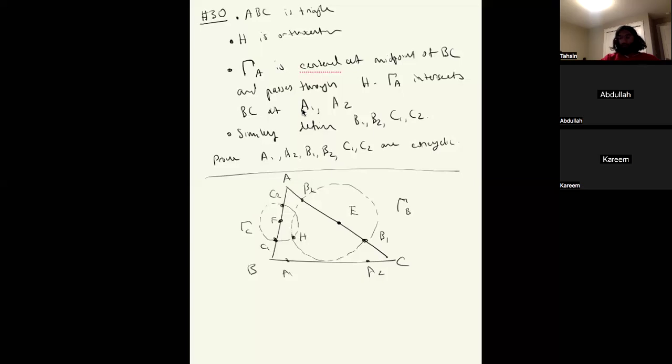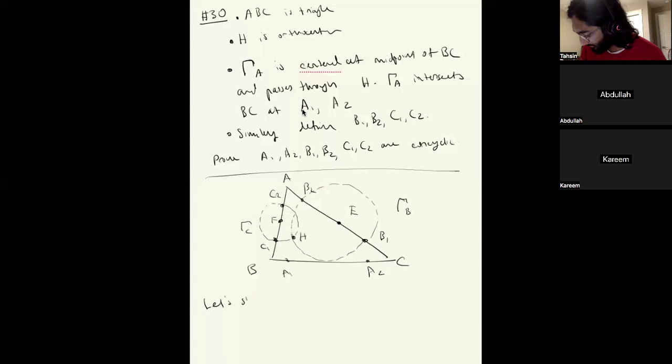So, any ideas how to get started? Or is there something slightly easier to show than all 6 points being concyclic? Maybe you can show it for four of them. That's right.